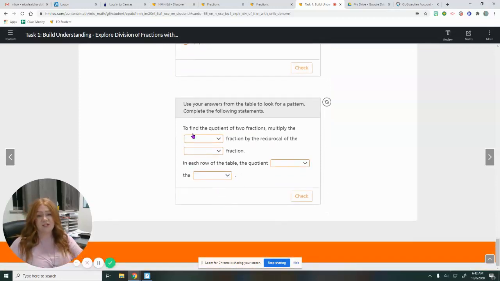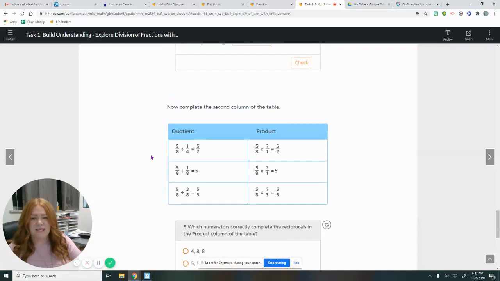Okay, so then you're telling me this strategy. So using that copy-flop method, so multiply the first fraction by the reciprocal of the second. So keep the first one, copy it, multiply, and flop. In each row of the table, the quotient is less than, is greater than, is equal to the, let's see, so the quotient here is the answer to a division problem, and we're comparing it to the product, 5/2, 5/2, 5, 5.